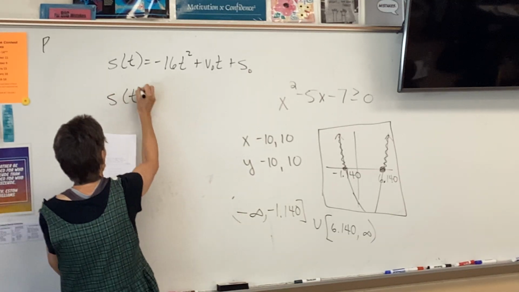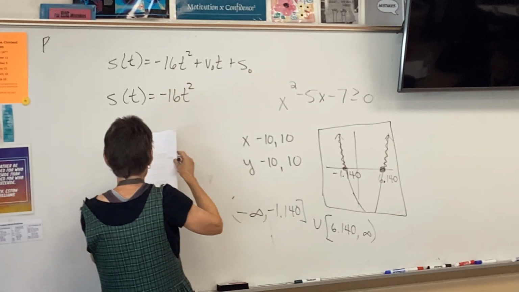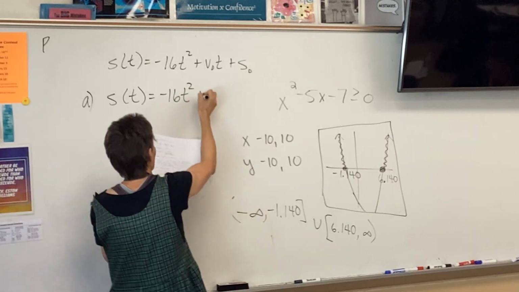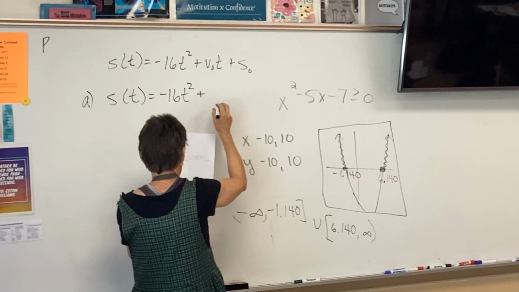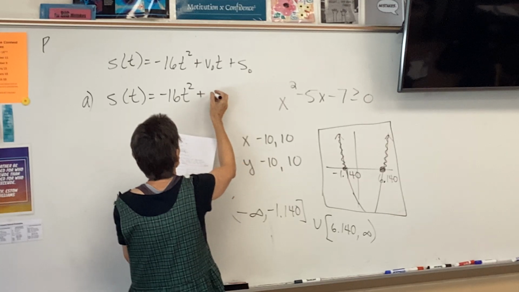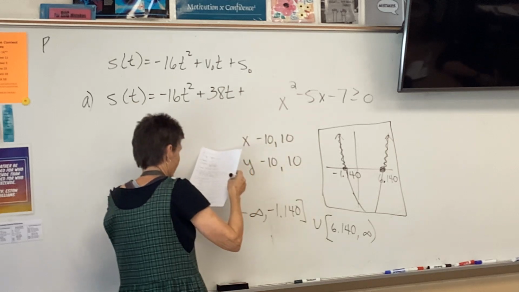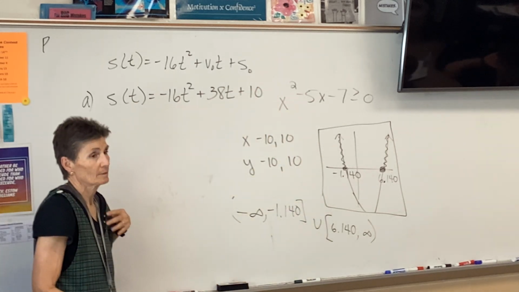So here we go. Negative 16t squared plus 38t plus 10, my initial height.